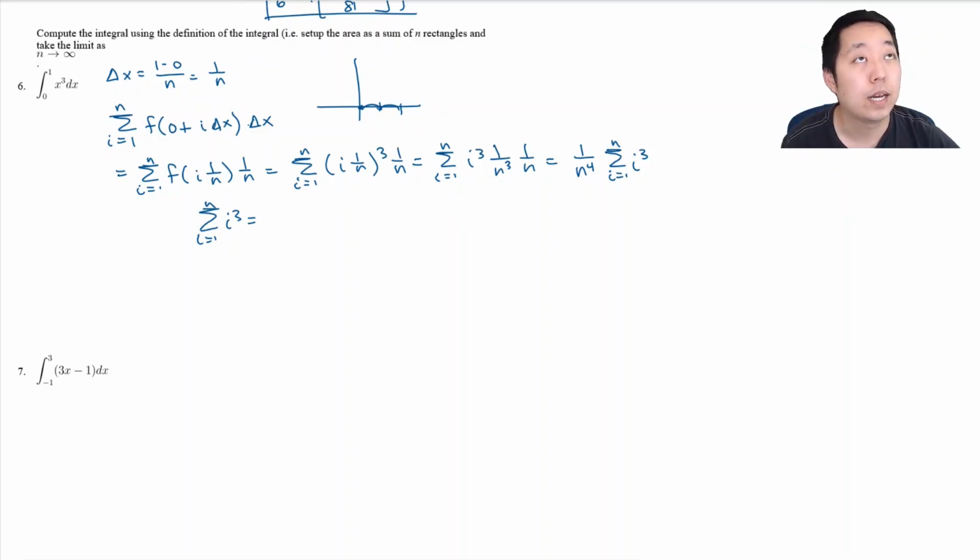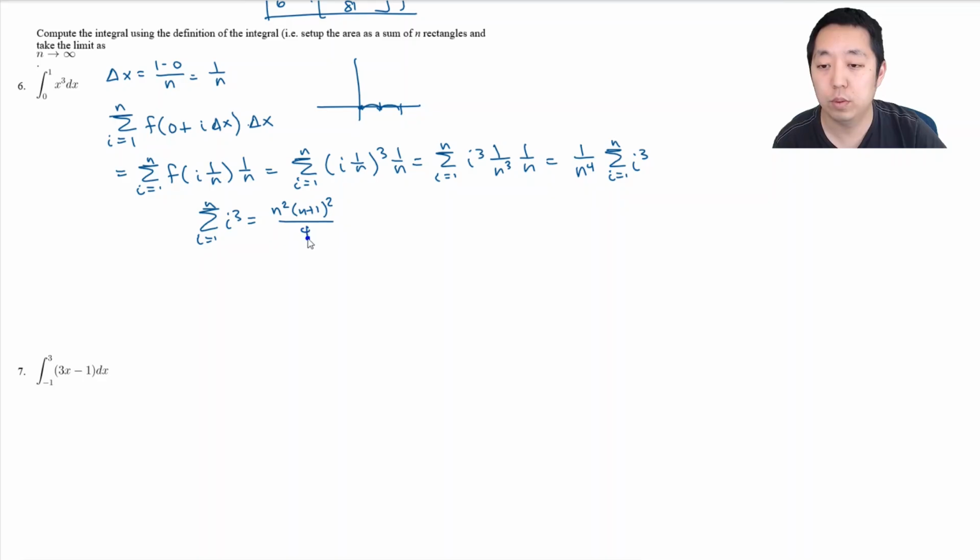I don't want to make a mistake on the derivation of this. It is n squared times (n plus 1) squared over 4.